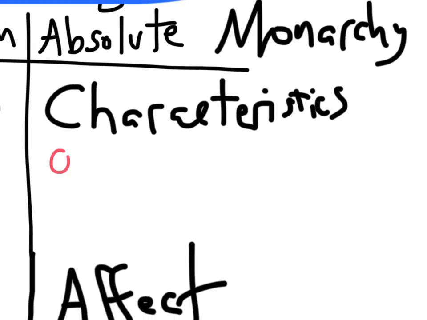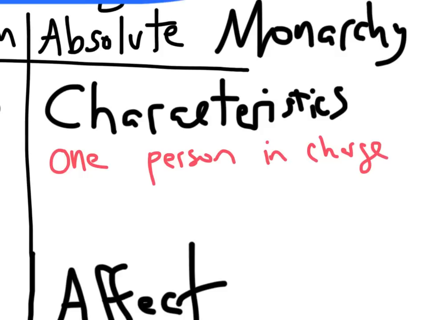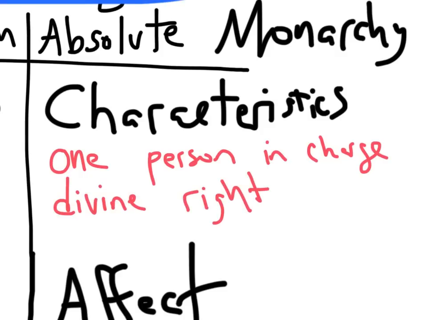It's one individual, one person in charge. You can talk about divine right, which comes from this idea that the power was bestowed by God or something like that. We know that this person is like a king, often above law.